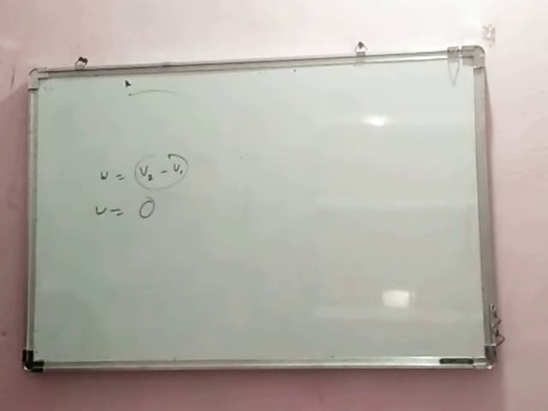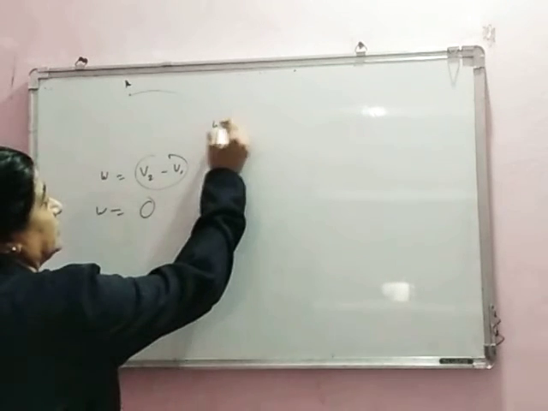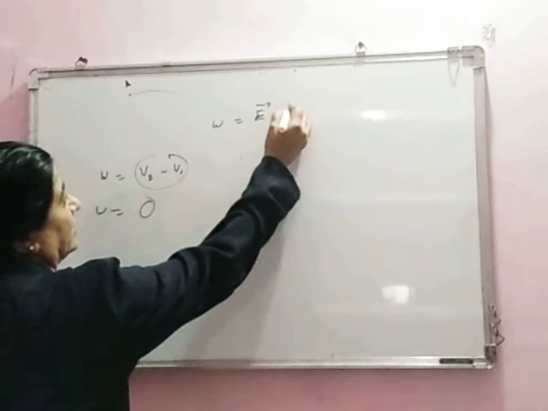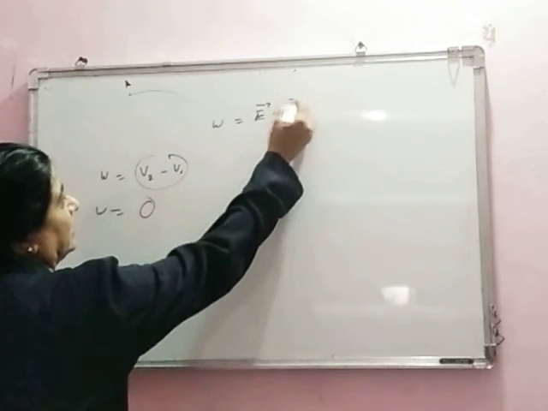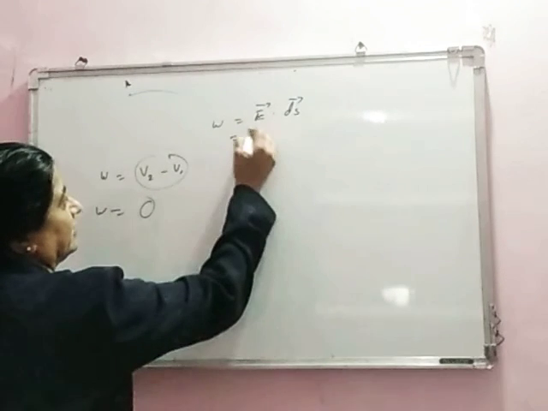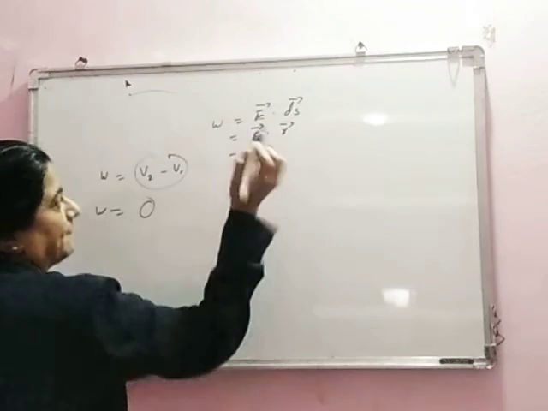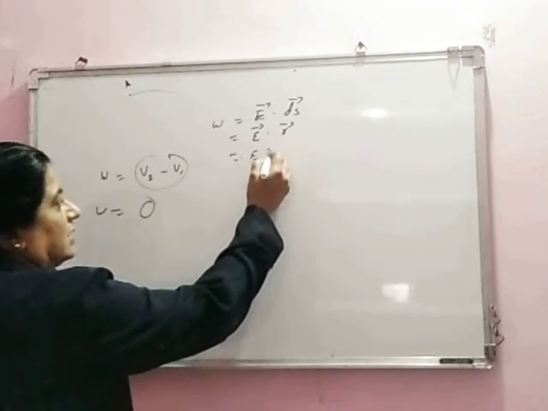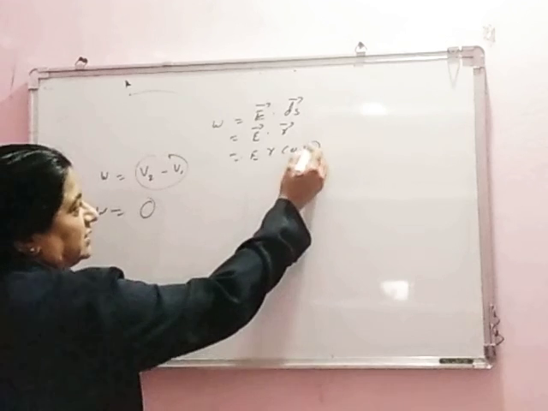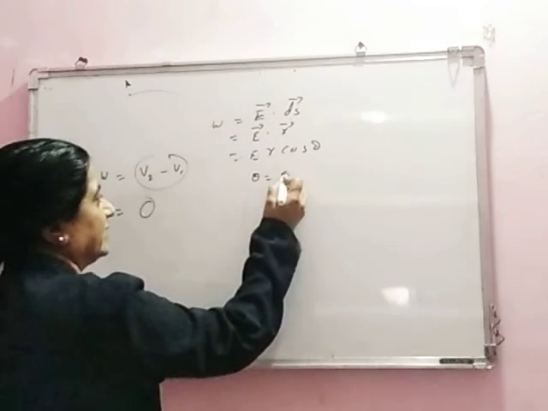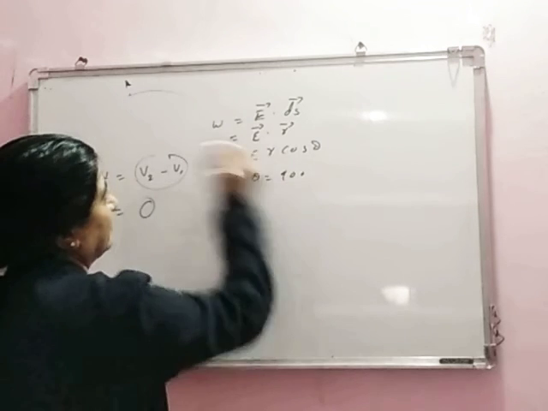We also know about the work done. W is equal to E dot ds, right? So if you apply the equation here, what happened? E r cos theta, right? If theta is equal to 90 degree, then the work done is zero.